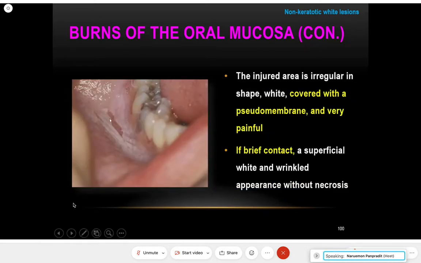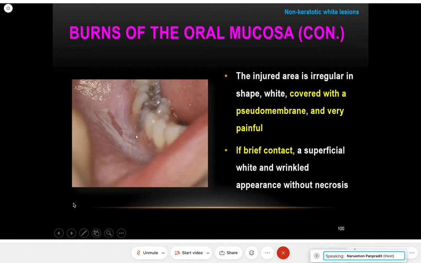This is an example when they leave the tablet. It shows peeling of the oral mucosa, which becomes white and can peel. There is a white pseudomembrane and a painful area in the contact area of the chemical.